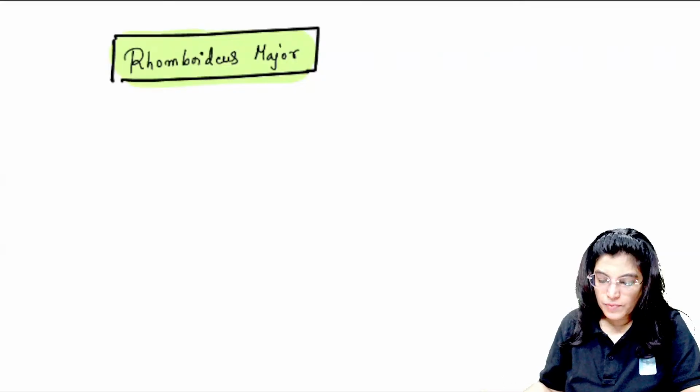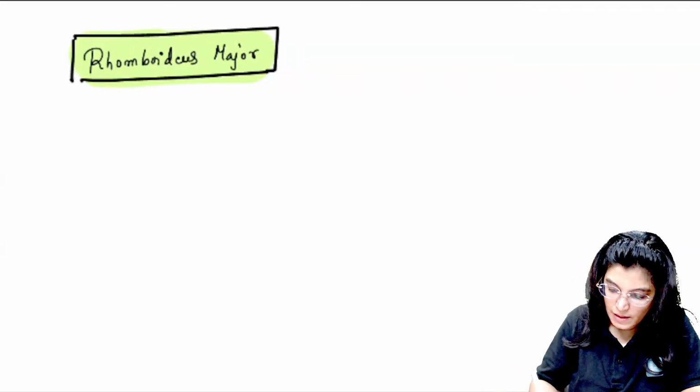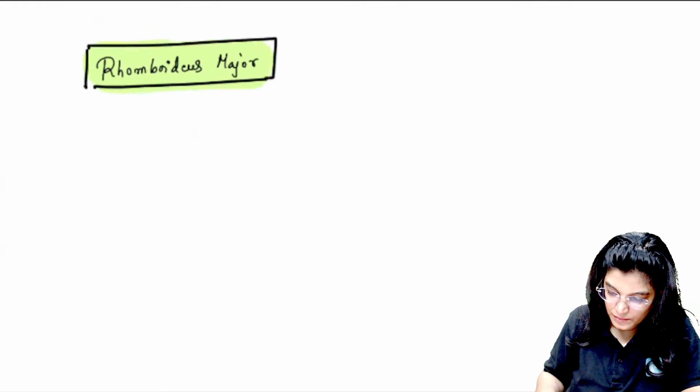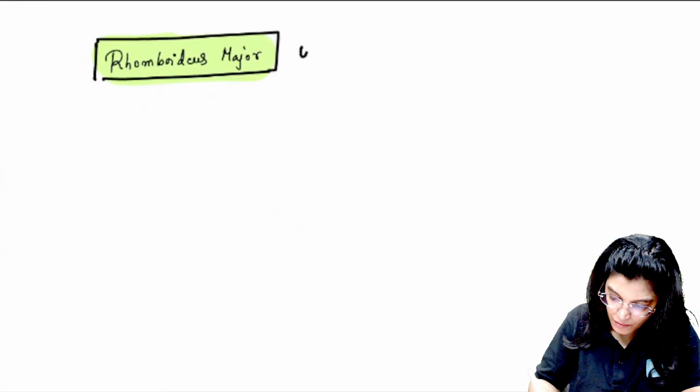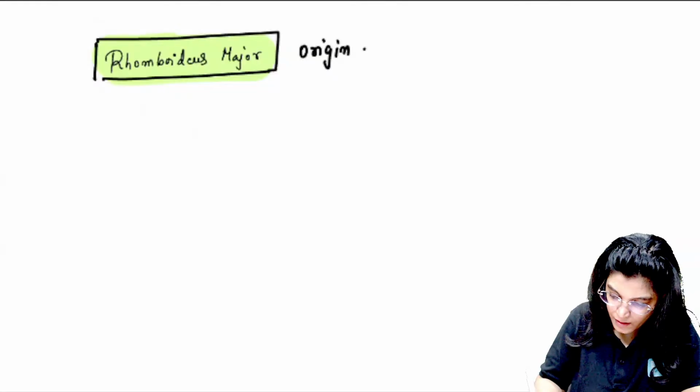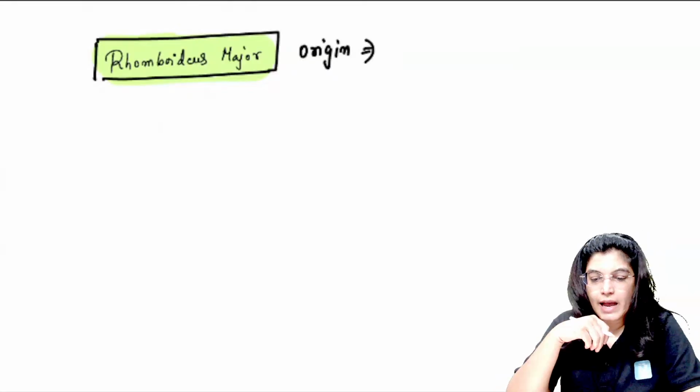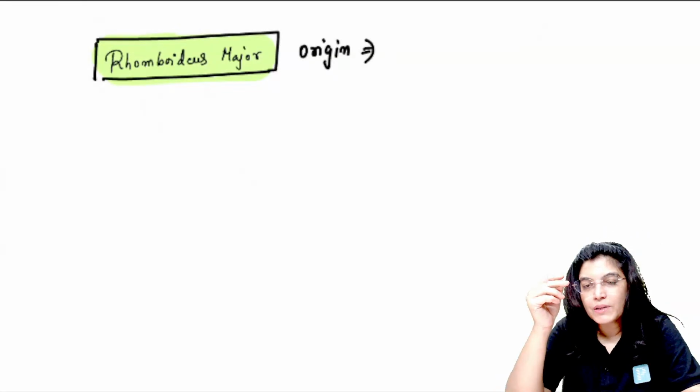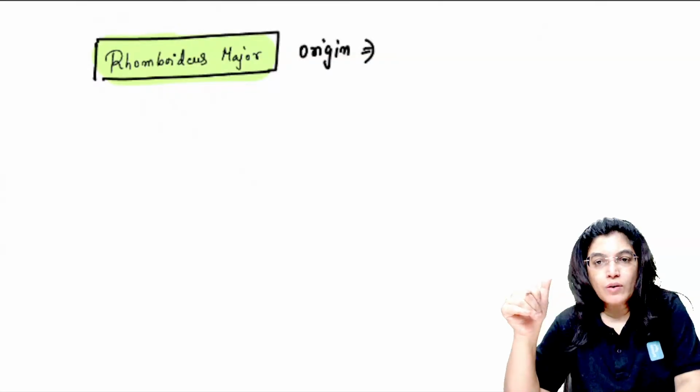If I talk about rhomboideus major muscle, it has its origin from the lower thoracic vertebrae.